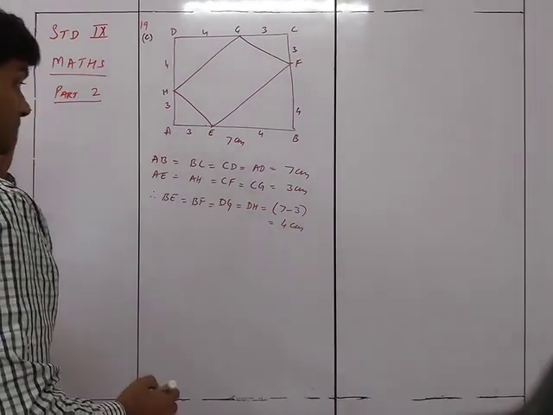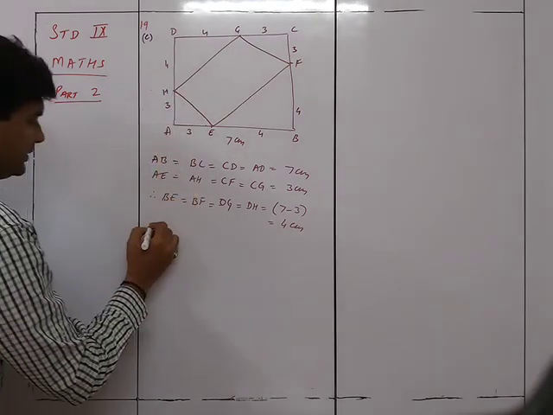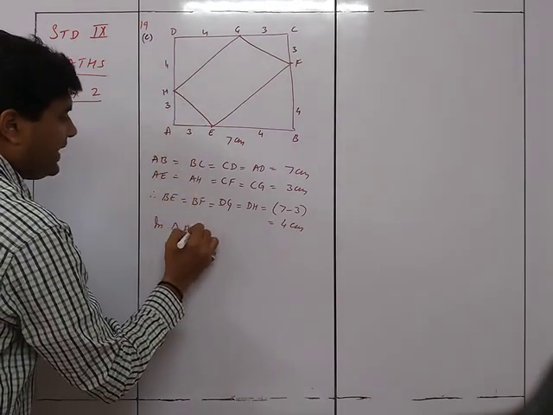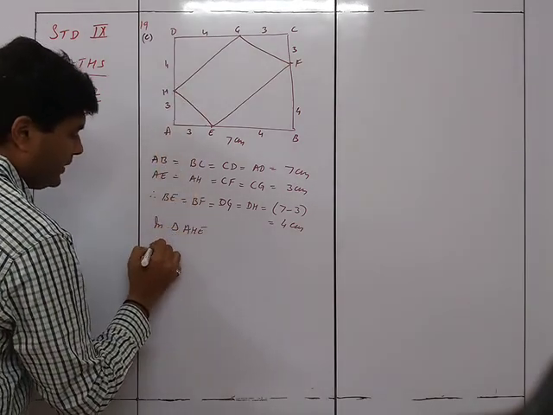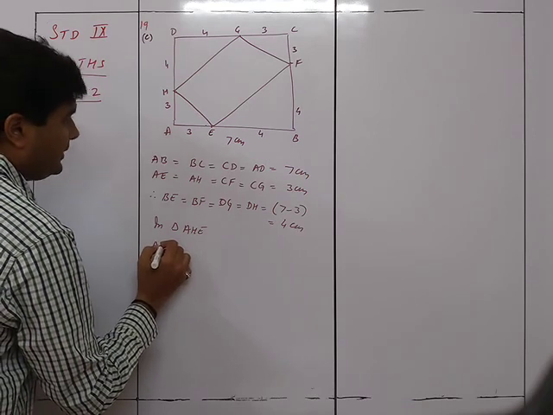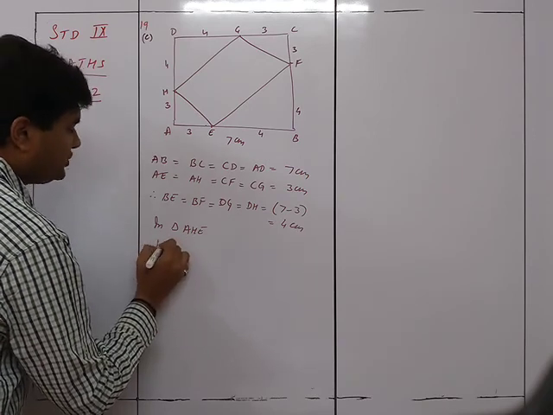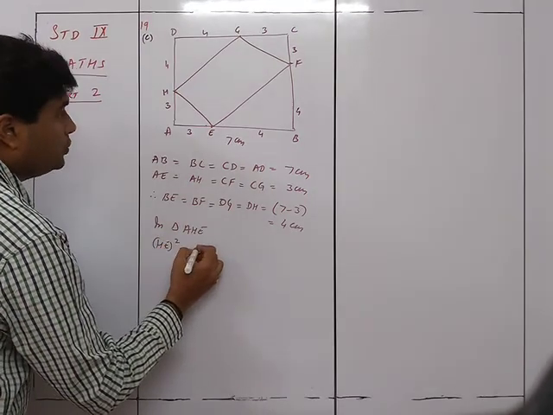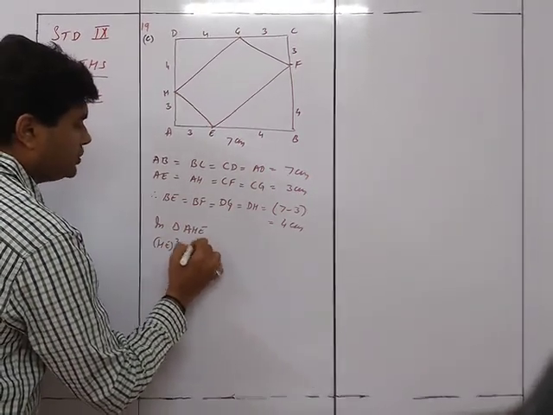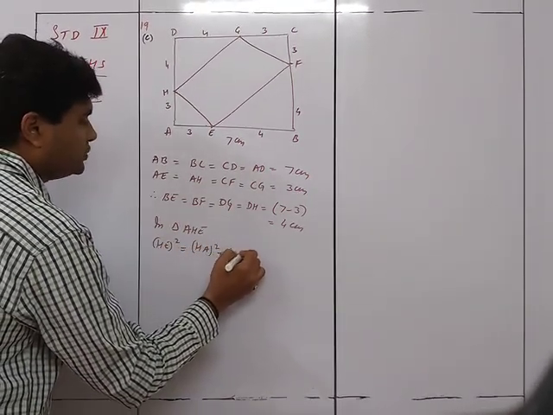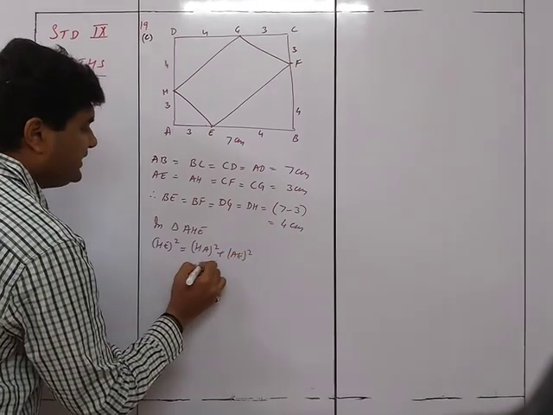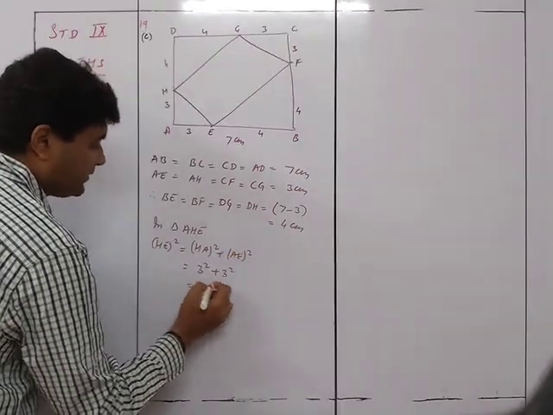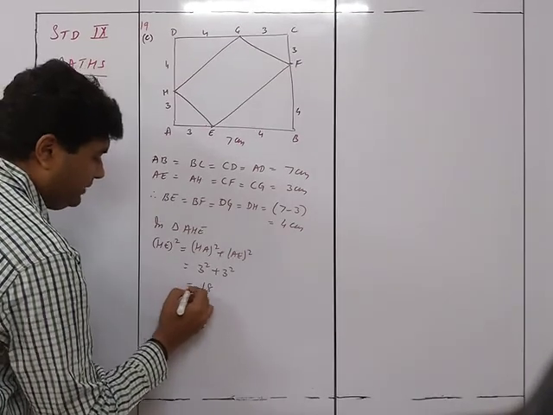Okay. So now let's see what is HE. In triangle AHE, HE the whole square is equal to HA the whole square plus AE the whole square, which is 3 square plus 3 square, equal to 18.